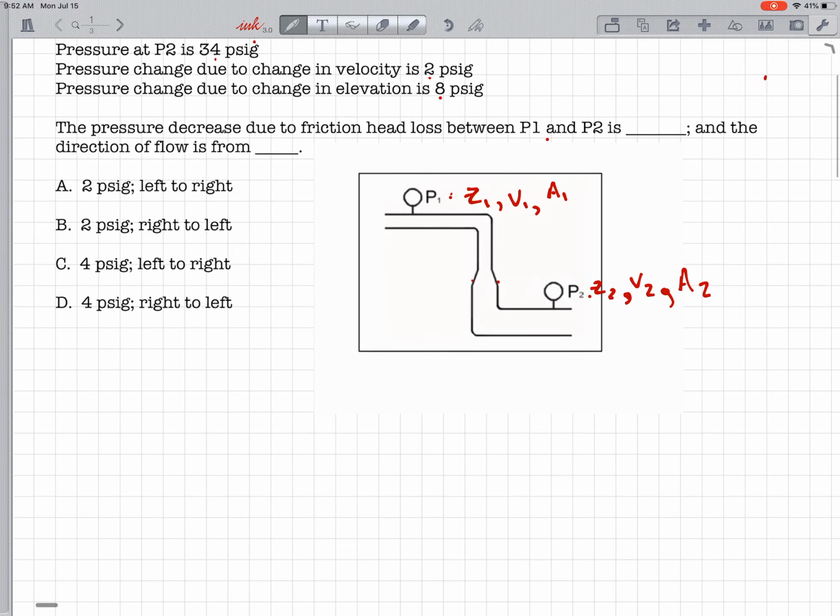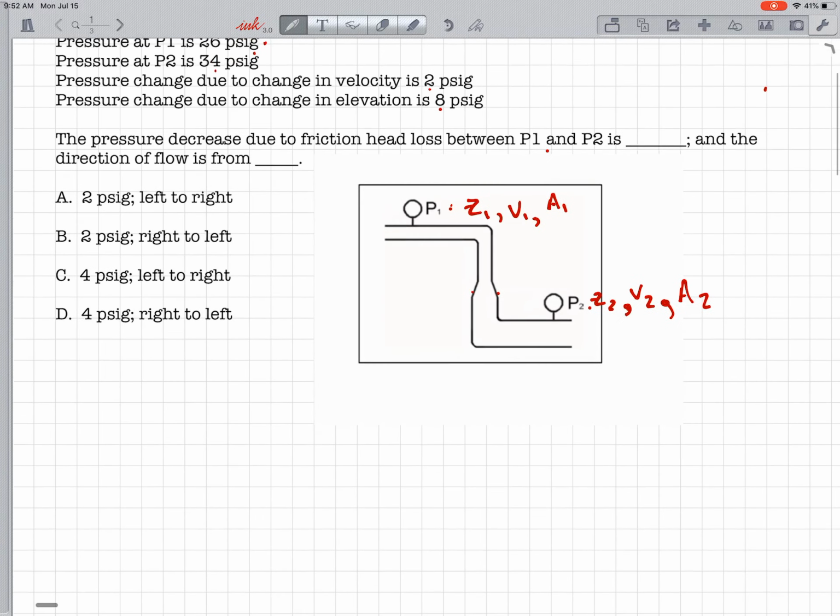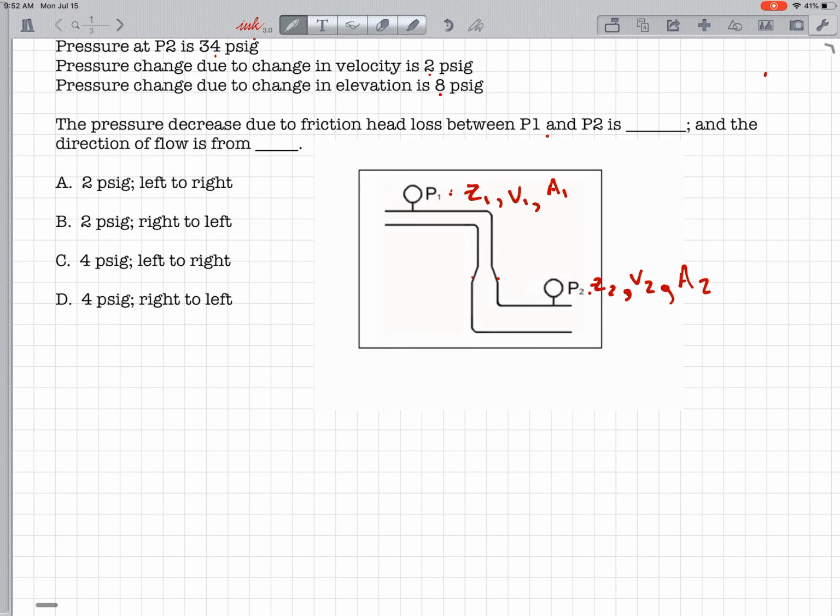Alright. So how do we figure out the pressure decrease from head loss? Well, we're going to use our general energy equation. So if you go to the generic fundamentals handout sheet, you should have in the second column this equation.